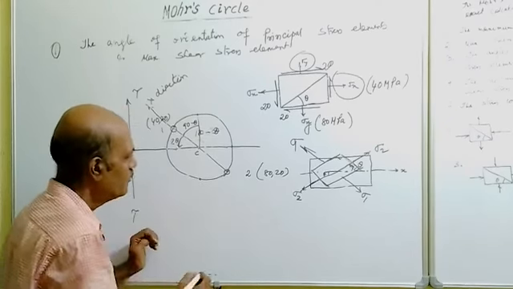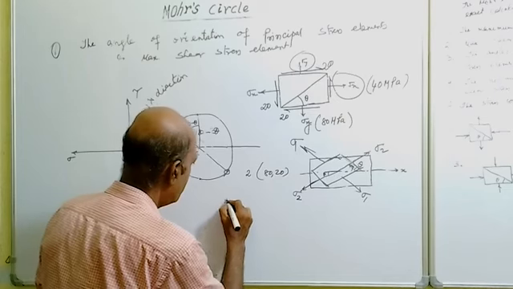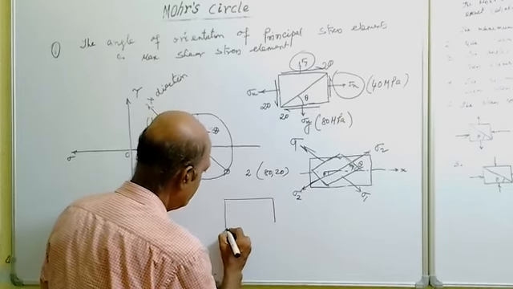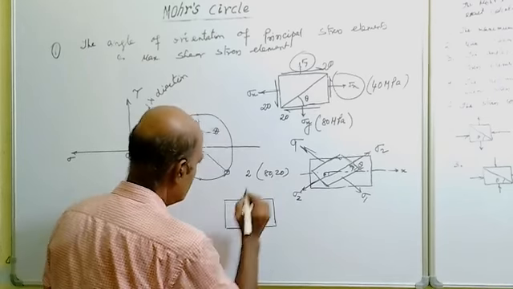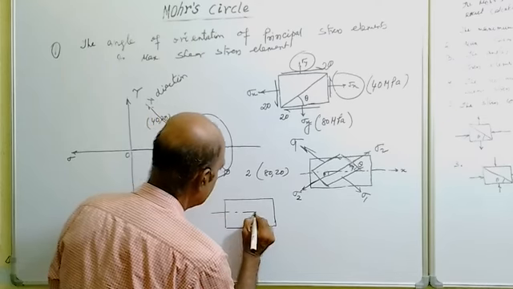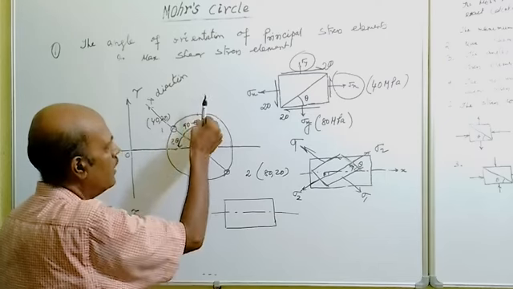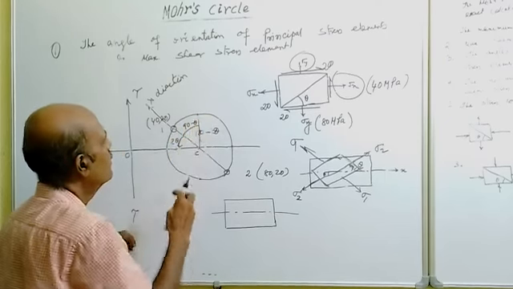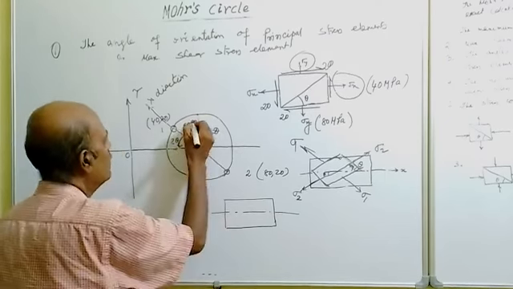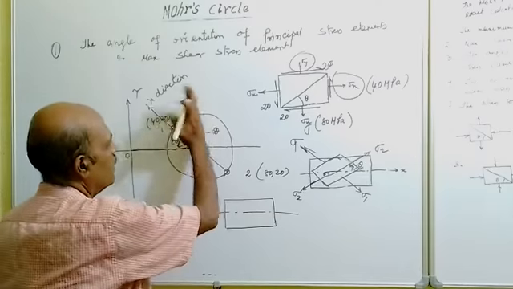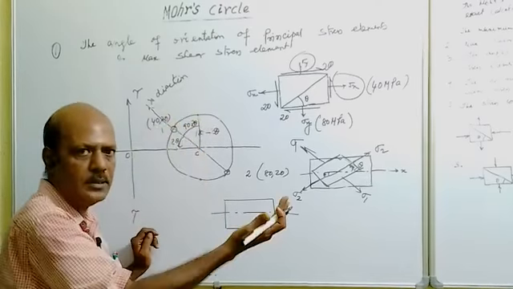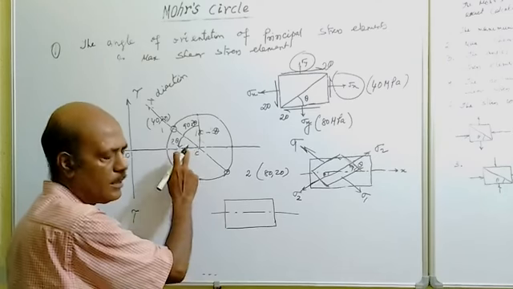Right. So if we draw the body again, say this is the axis. Now the x axis is rotated by 90 minus 2 theta angle in clockwise sense in the circle.